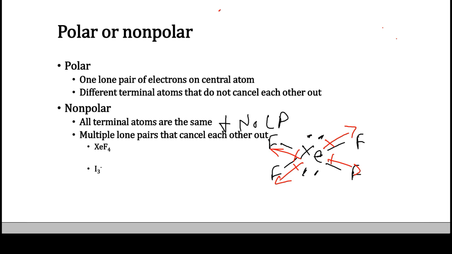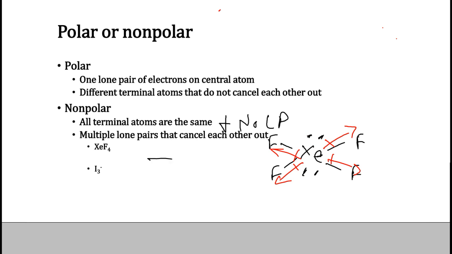Another example would be I3-. This one's a little harder to visualize. Each of the terminal iodines obeys the octet rule. The central iodine has 5 electronic domains, 3 lone pairs, so it has a linear molecular geometry.